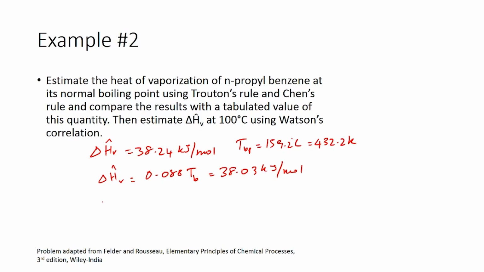Chen's rule can be used for calculating the heat of vaporization using the boiling point, critical temperature and critical pressure. The critical temperature for N-propyl benzene is 638.7 Kelvin, and critical pressure is 31.3 atmospheres.